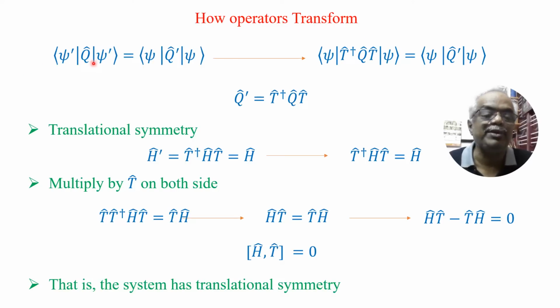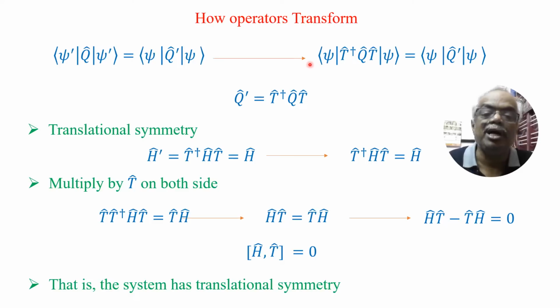Let us say we have an operator Q which acts on the new wave function, in the new coordinate system, psi prime. Then we have another operator Q prime which acts on the old coordinate system. Psi is a wave function in the old coordinate system. Now, this can be implemented by this.